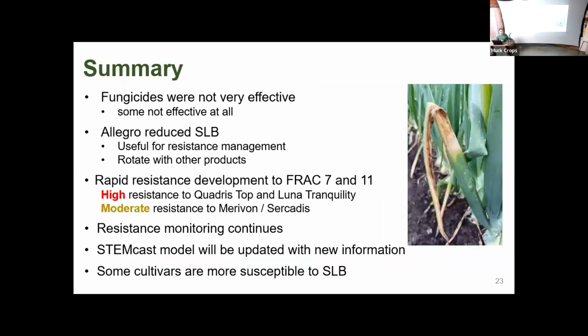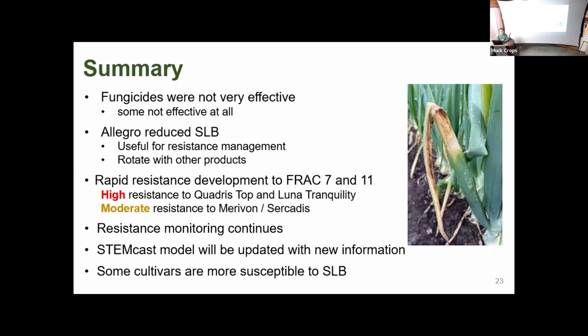So overall, we're seeing that our fungicides for Stemphylium were not very effective, but some of them could provide some suppression of Stemphylium. And unfortunately, some of them were not effective at all. One positive is that we did see Allegro reduce Stemphylium, and this product is really useful for resistance management because it can be used in rotation with those FRAC group 7 fungicides.